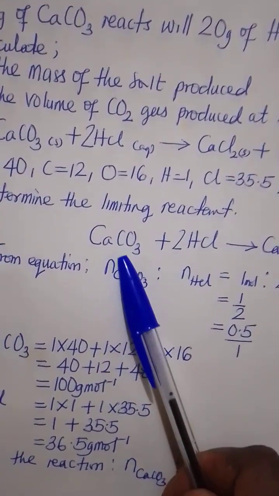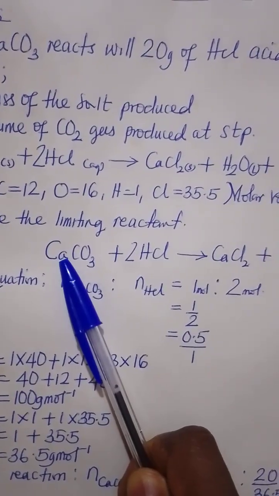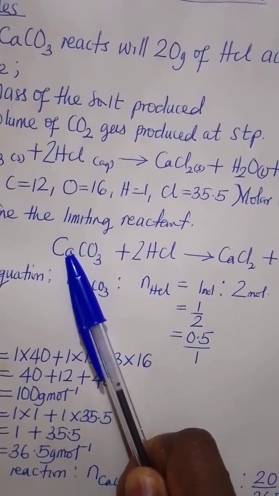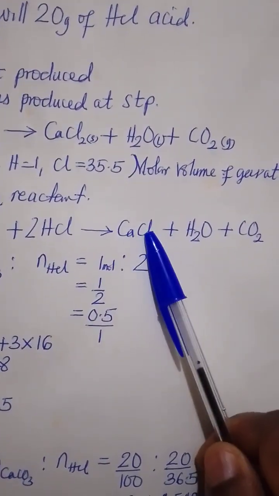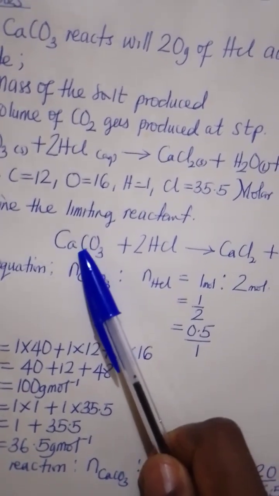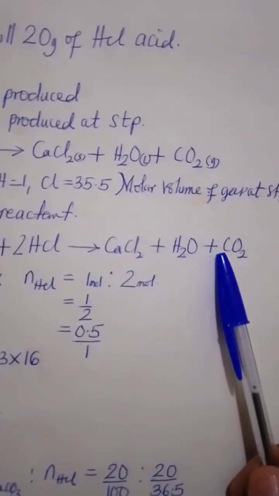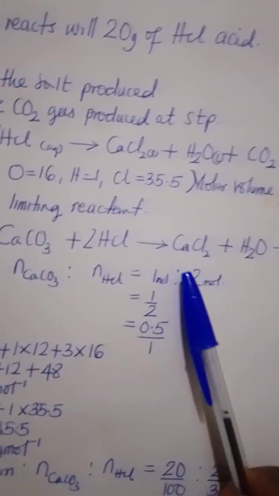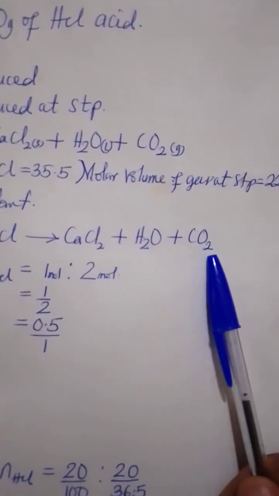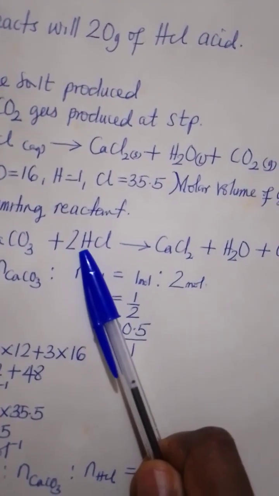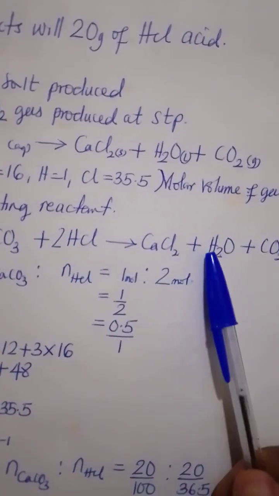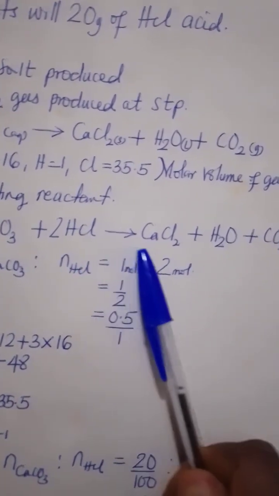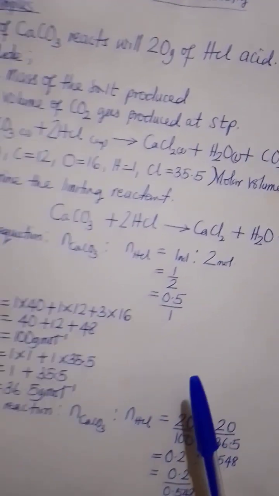So let's see if it's balanced. Ca, one atom here and one there. Carbon, 1 and 1. Oxygen, 3 and 3. Then we have 2H, 2H, 2Cl, 2Cl. So the equation is balanced.